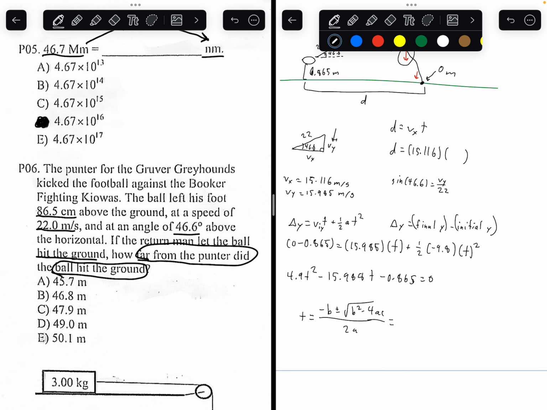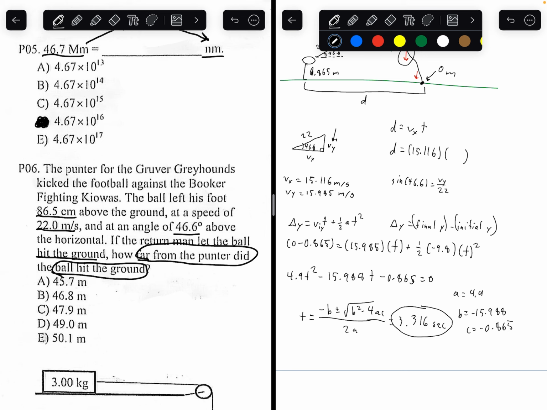Solving for that and doing the math, you would get time equals 3.316 seconds.